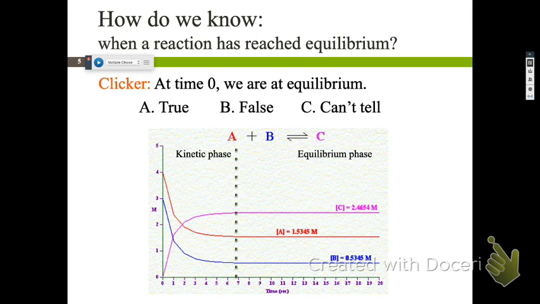Is this reaction at equilibrium, yes or no, at time equals 0? And then how do we know? Maggie, would you like to share your answer? Okay, no, it's not at equilibrium. Why? Give me one way that you figured it out.